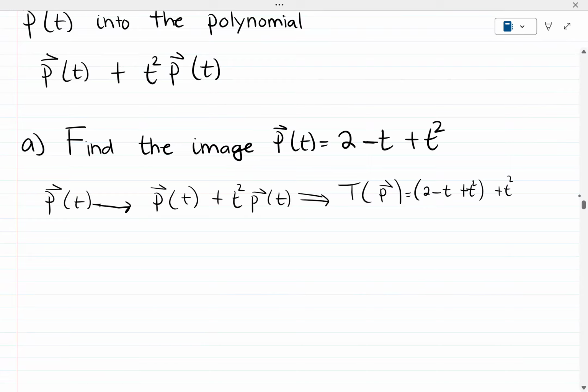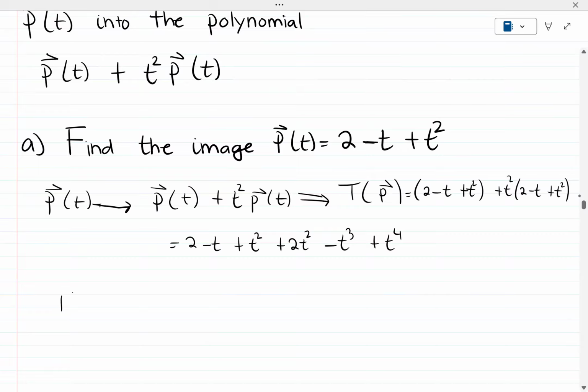plus t squared times 2 minus t plus t squared. And that equals 2 minus t plus t squared plus 2t squared minus t cubed plus t4.